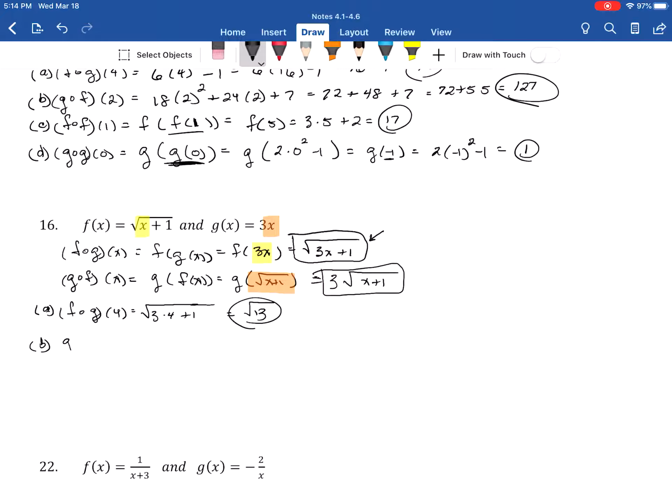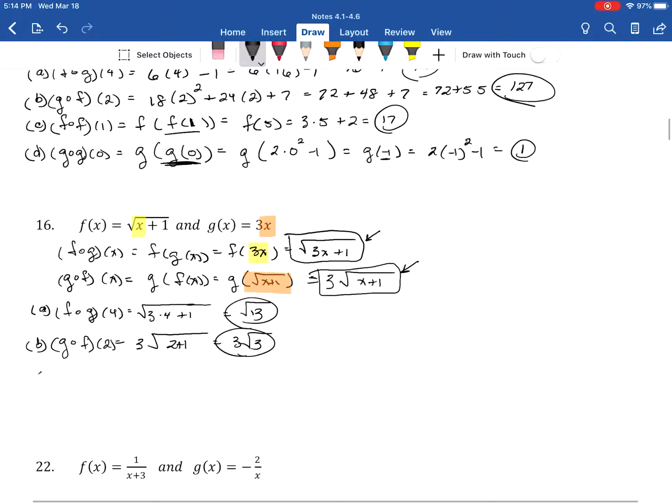Next, find g of f of 2. I'm going to use the next result. Part C. F of 1 means f parentheses 1.